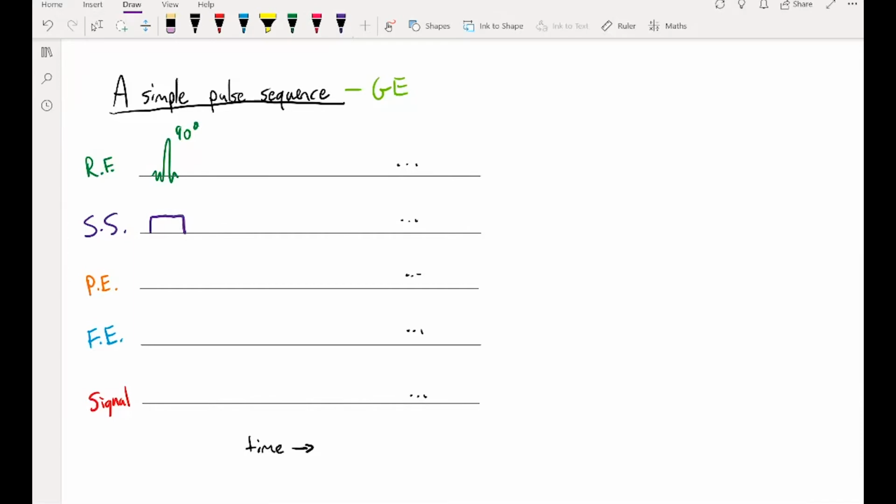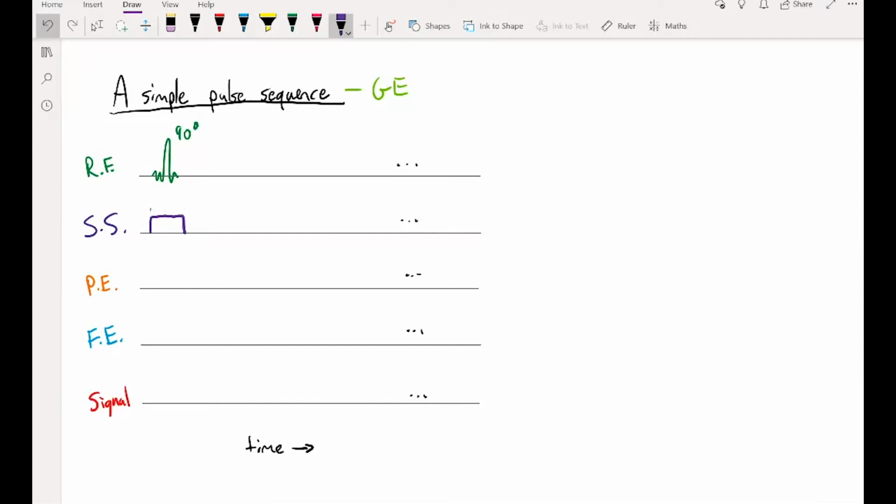And you can see that I've attempted to get the slice selection gradient to turn on when the RF pulse begins, and then end when the RF pulse ends. Didn't quite get there, but close enough for our purposes. So this is showing us that the slice selection gradient has to be on for the entire duration of the RF pulse in order to effectively tip the NMV just in that one slice that we wanted to record from.